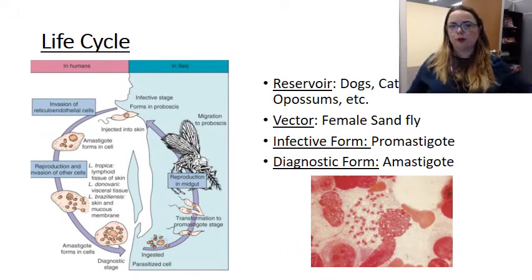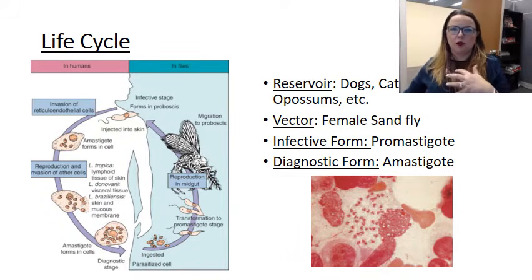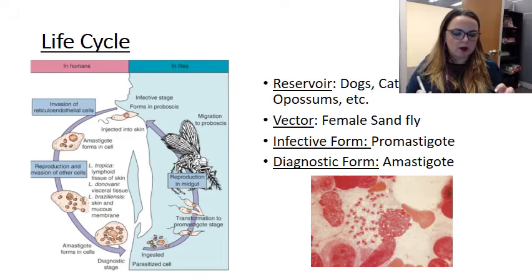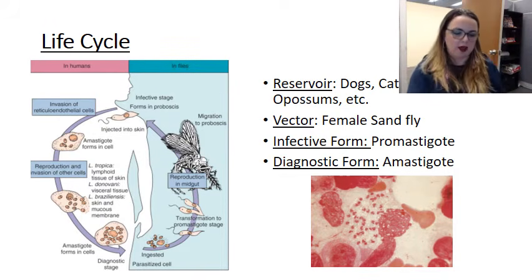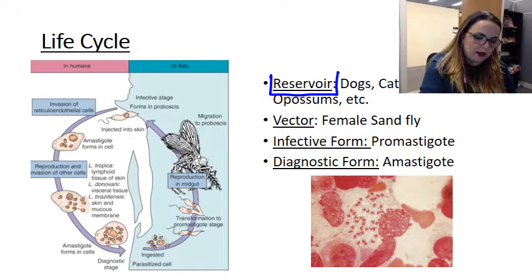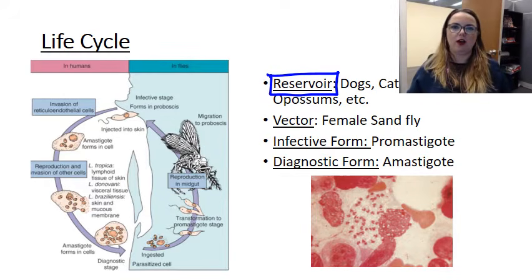Okay, as with most parasites, I don't expect you to know the entire life cycle off the top of your head, but I do want to talk about some important points. So I want to reiterate this concept of reservoirs and vectors. Reservoirs are where pathogens hang out, but don't necessarily cause disease.